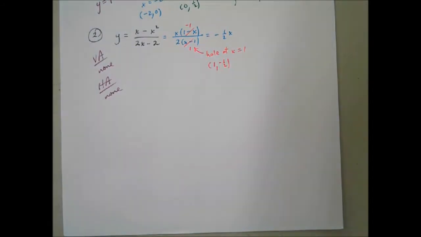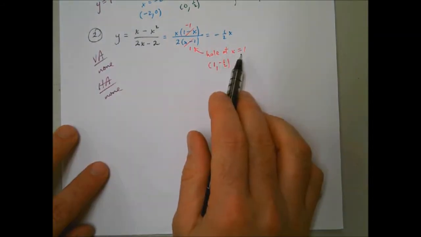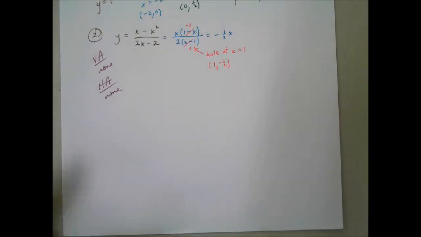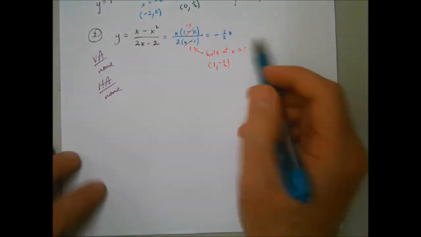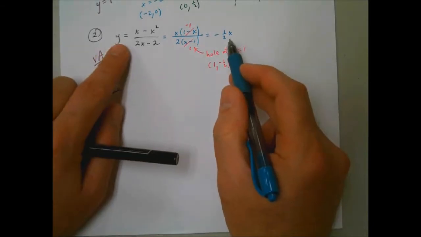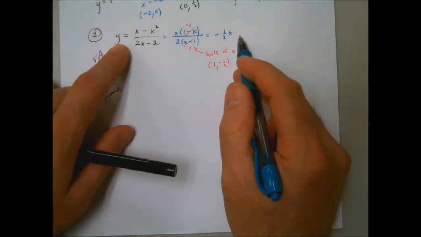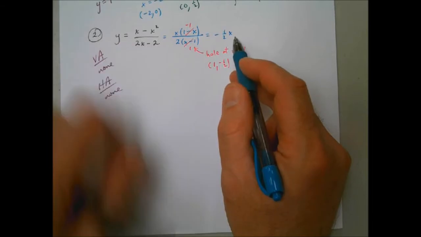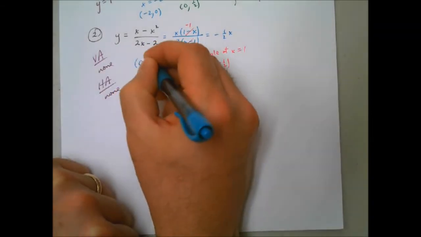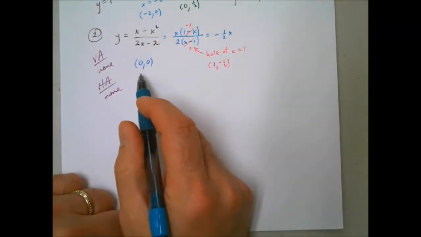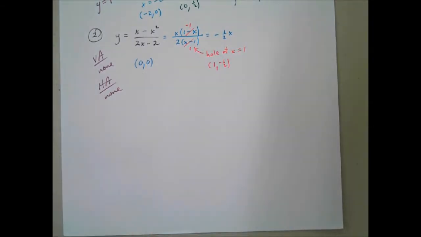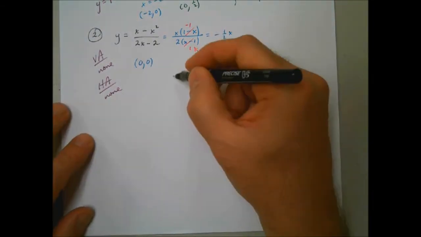None. We have a hole in the graph. How about x-intercepts? If I set this equal to 0, y equals 0, negative 1/2 x equals 0, wouldn't that be x equals 0? Yep, so 0, 0, which is also a y-intercept too.